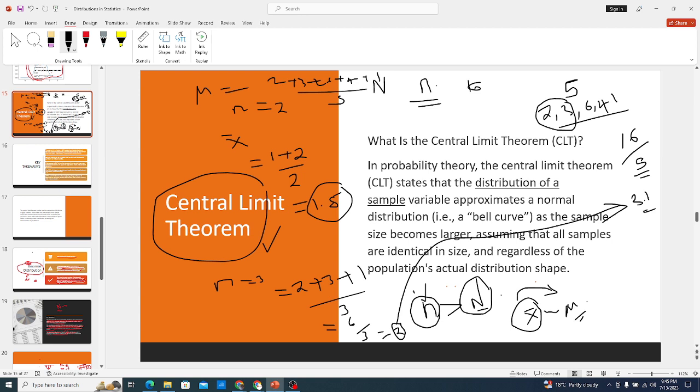Let's take now a sample size of 4 values. It will be 2 plus 3 plus 1 plus 4, divided by 4.